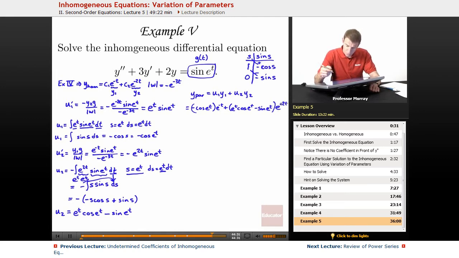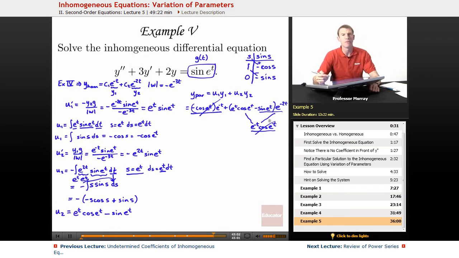And what happens here, if I distribute that e to the negative 2t, e to the negative 2t times e to the t is e to the negative t times cosine of e to the t. And so I've got e to the negative t cosine of e to the t here. I'm not forgetting that other term. We'll get to that in a second. But over here, we've got negative cosine e to the t times e to the negative t. So those two terms cancel each other out.